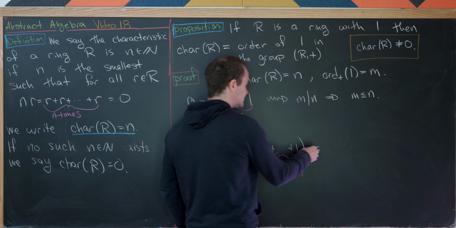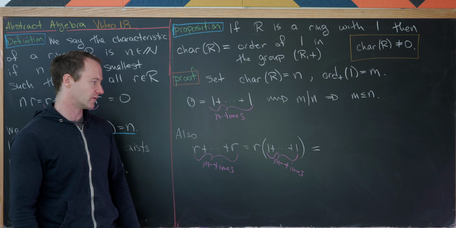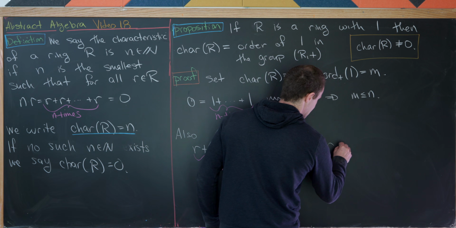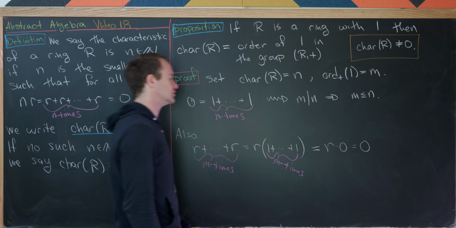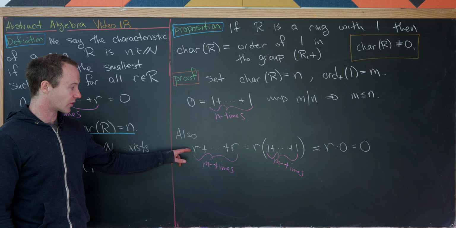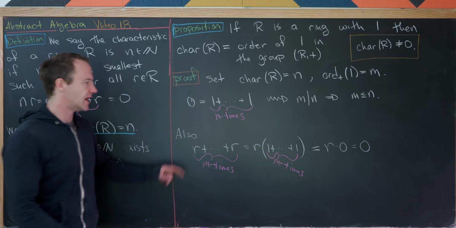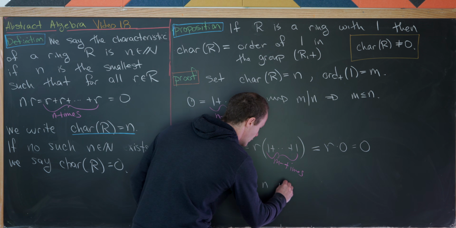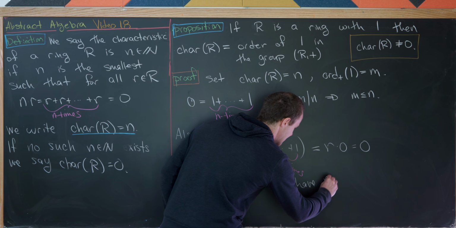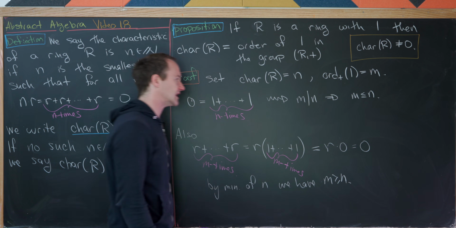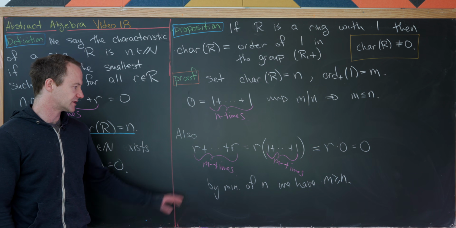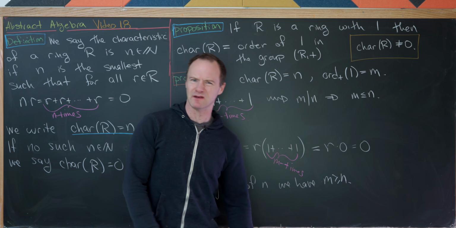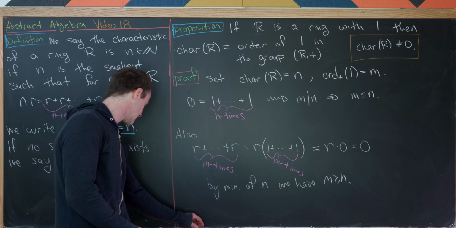But then, since m is the additive order of 1, we know 1 added to itself m times is 0. So that gives us r times 0, which is equal to 0. But this is true for all r, but then by the minimality of n, we have that this m must be bigger than or equal to n. Because remember that n, or the characteristic, was defined to be the number that minimized this action.